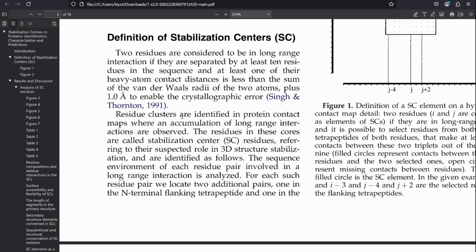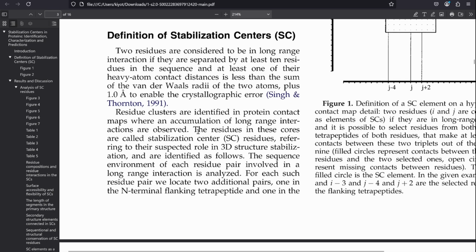Among those clusters, the residues that are situated in their cores can be called stabilization centers, or stabilization center residues.